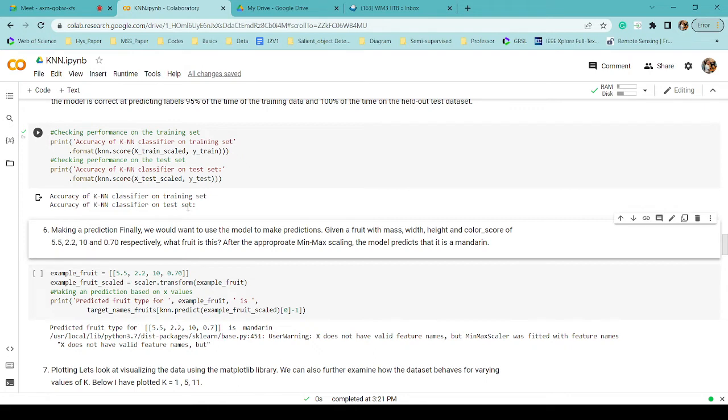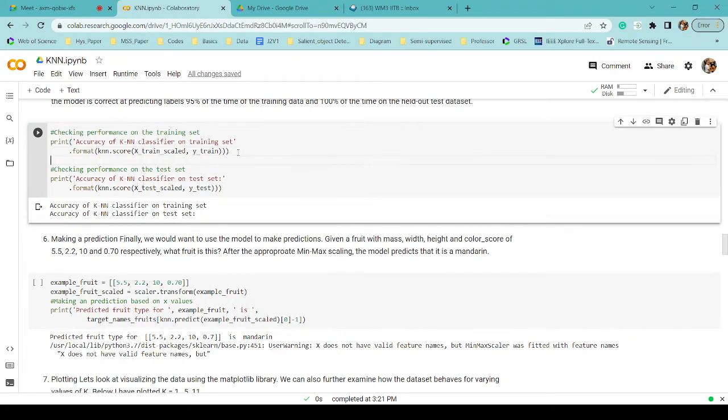Okay, why am I not getting the output? I have just done the printing and there's some error in that. Just a minute.